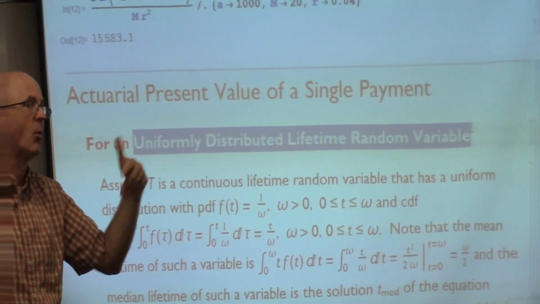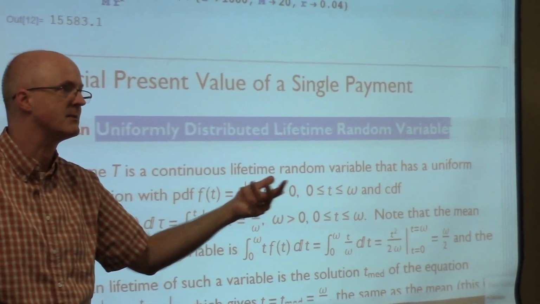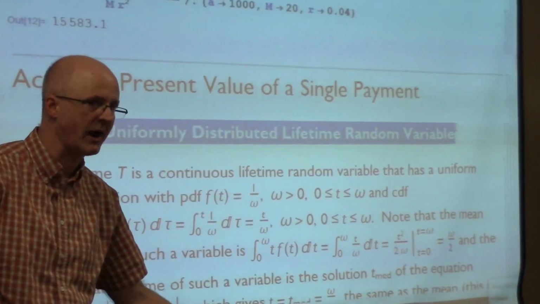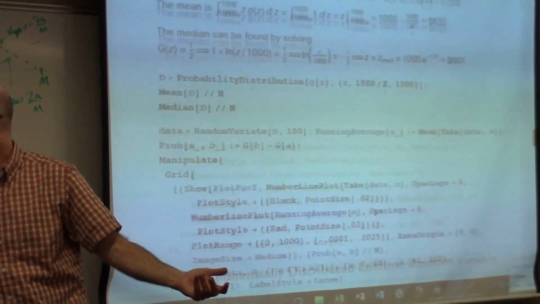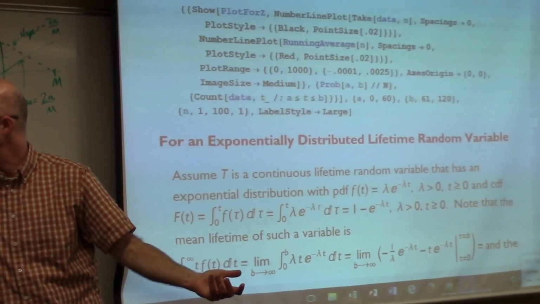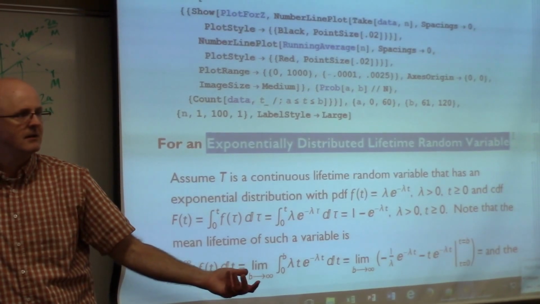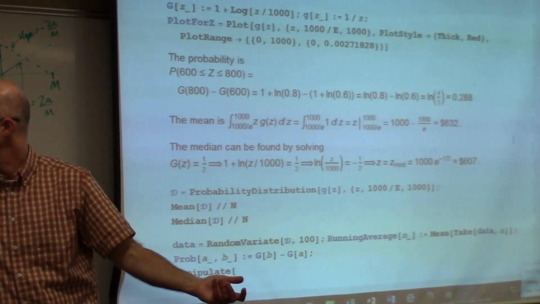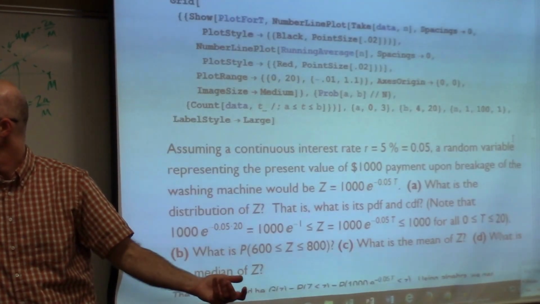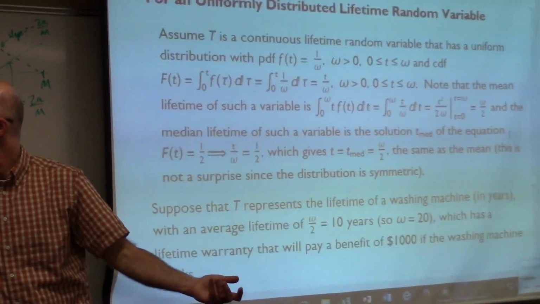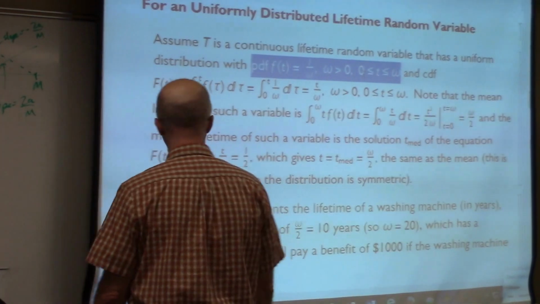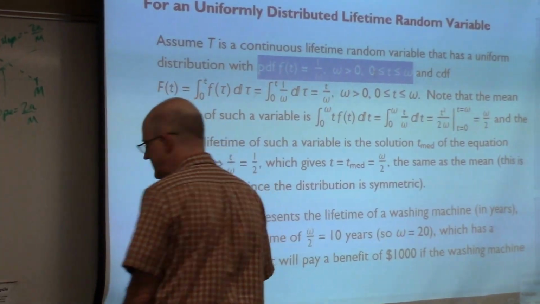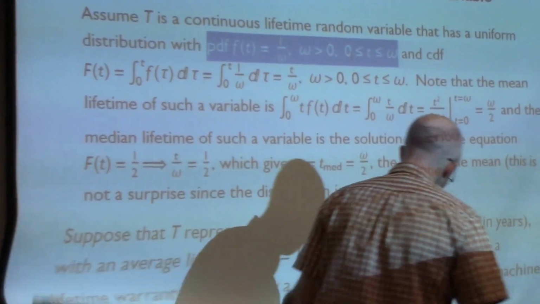And we're going to talk about warranties on washing machines where you're going to get money if the washing machine breaks. So uniformly distributed, and we're also going to do an exponentially distributed. Let's do the uniformly distributed one today. The PDF is this. Okay, I've got the stuff on the screen, but I also think I want to write it on the board as we go to emphasize some things.